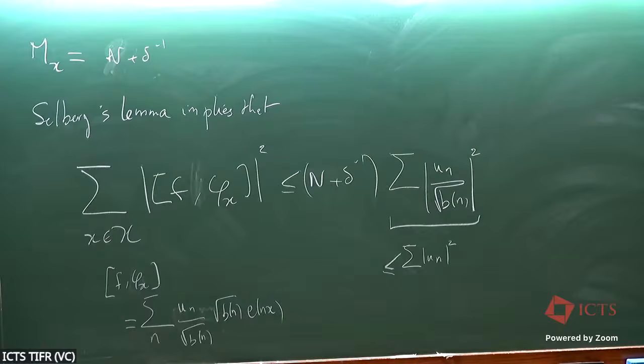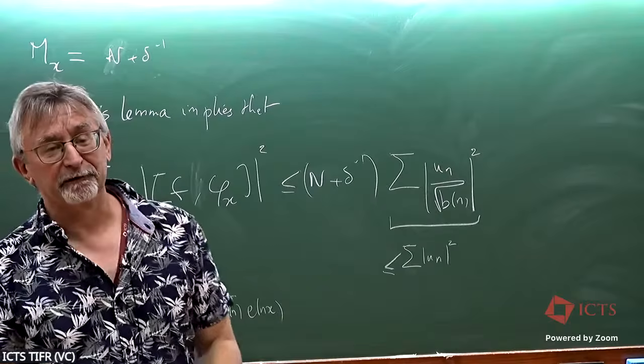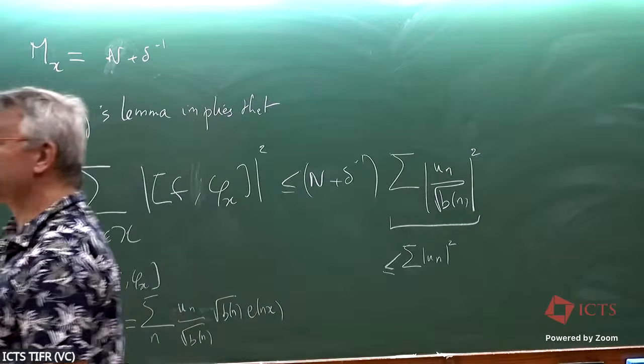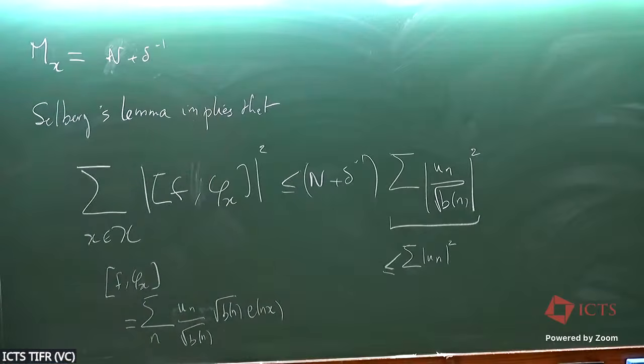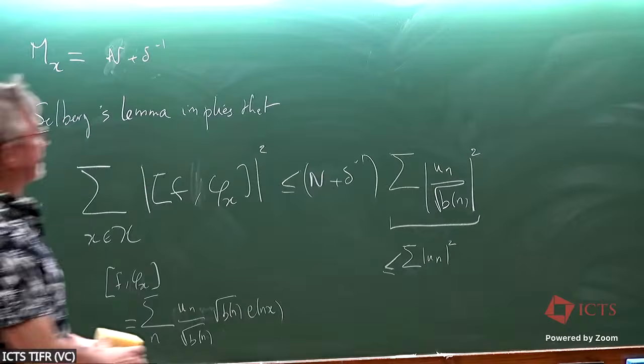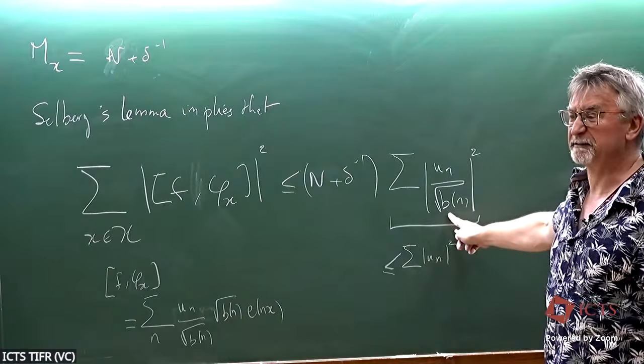So it will be a bit weaker, but really this smoothing part is very helpful, but it's not the main part of the game. The main part is really Selberg's lemma, the approximate Bessel inequality. But since it's so nice to have this tool, you see the error term just disappeared. It also disappeared because I wanted only an upper bound, and I didn't care about something more precise. At the end, I divide by the square root of b_n. I could try to save this guy. I don't care.